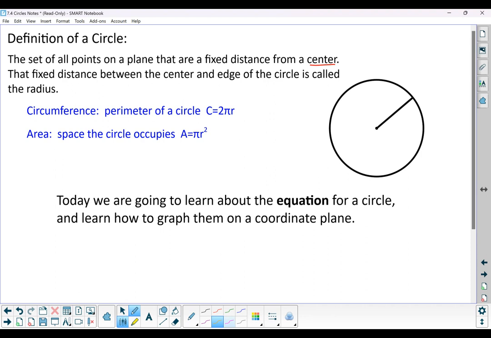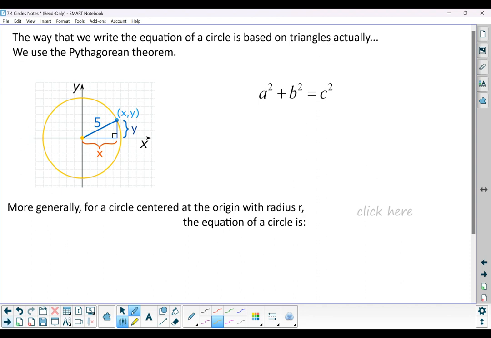Today we're going to focus on learning about the equation for a circle and how to graph circles on a coordinate plane. So the way that we can write and think about equations of circles is actually based on triangles. If you think about any point on the edge of a circle, you can draw a little reference right triangle, because that's what we call it in trig.